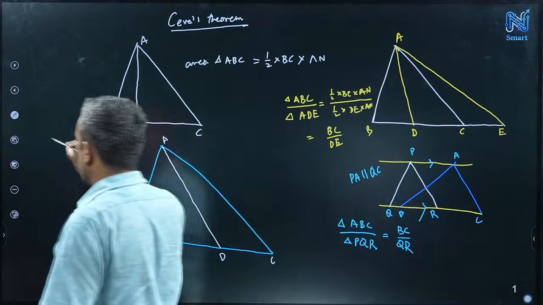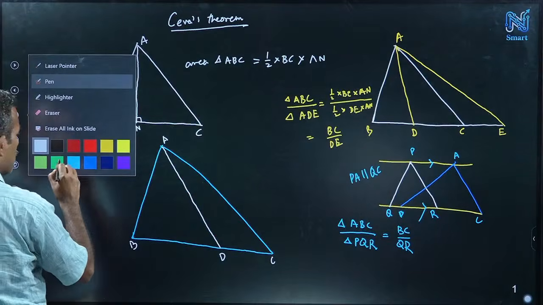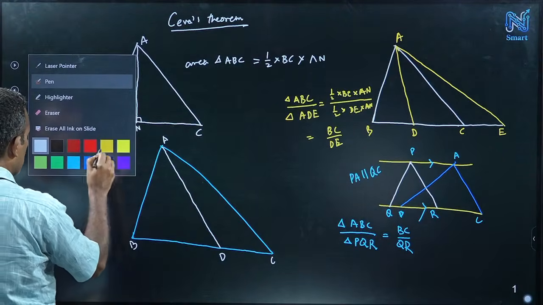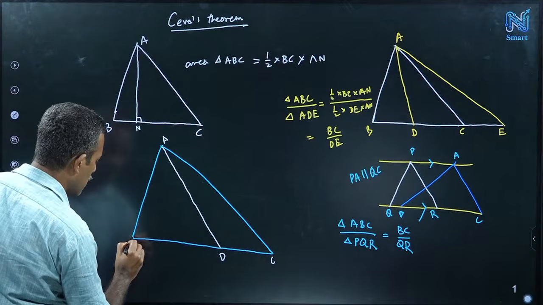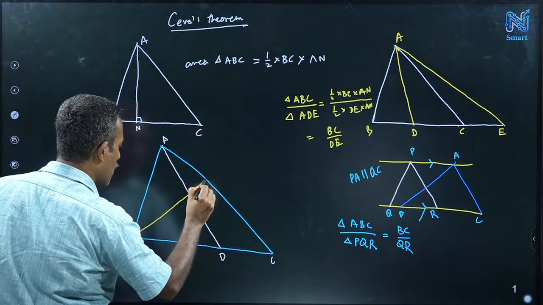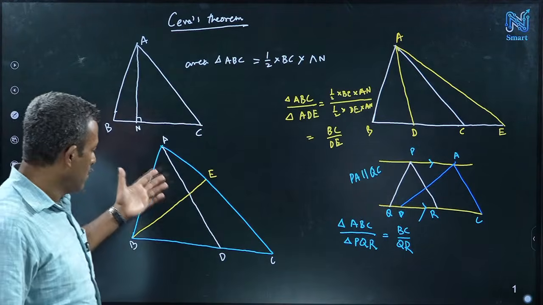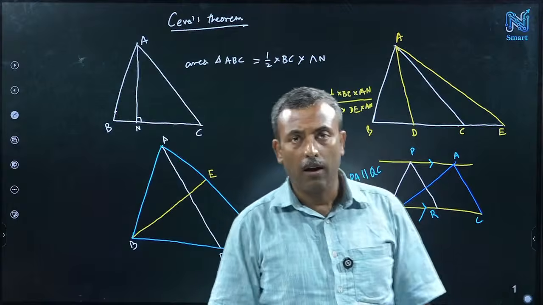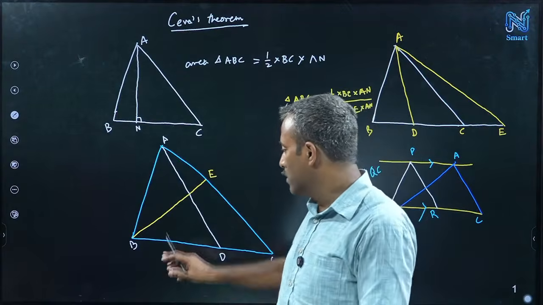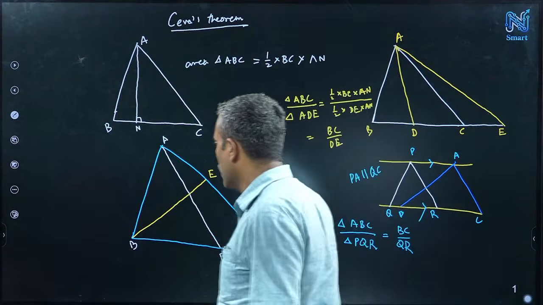Another is like that: E is a point on AC and we join BE.